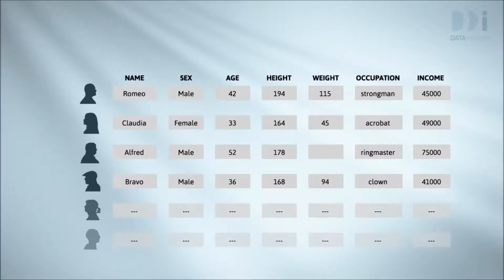Our data may not be complete. There are often gaps in the data for various reasons. The weight cell for Alfred the ringmaster is empty, perhaps because he refused to answer the weight question. This cell is said to contain a missing value. Rather than leave a cell blank, as we have here, a commonly used alternative is to use some sort of code to signify that the value for this cell is missing, a missing value code.